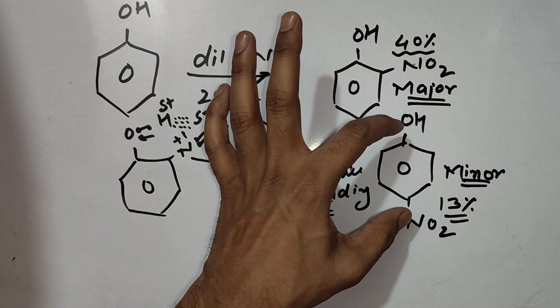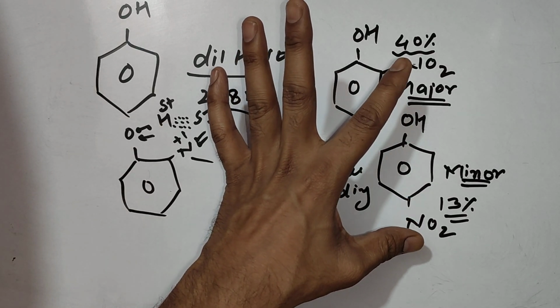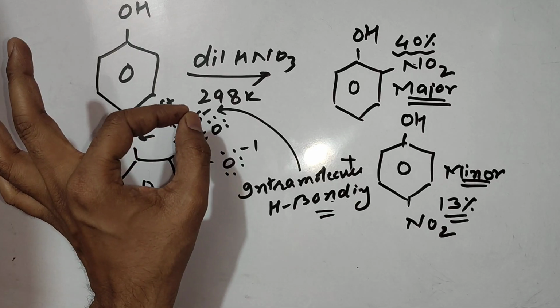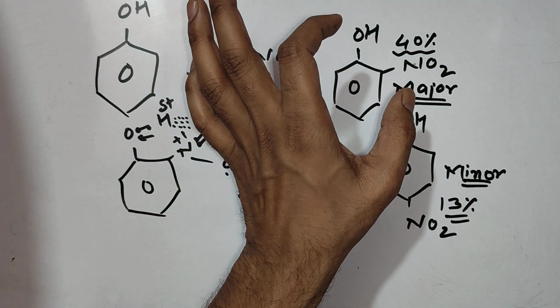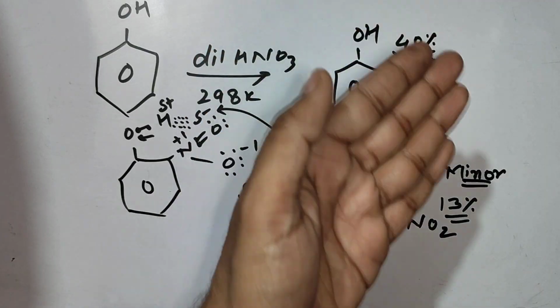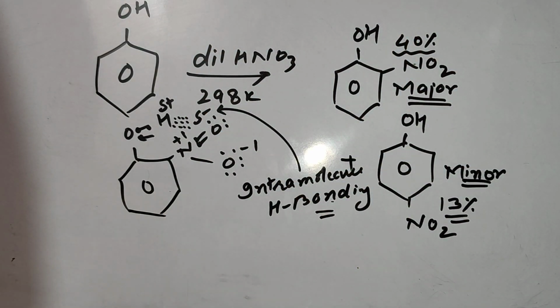Such a case is not possible in para because the groups are far away from each other. Such interaction is not possible. That's why orthonitrophenol is major as compared to para. This is the exceptional behavior of orthonitrophenol. Now, the next point is, where is that 47%?